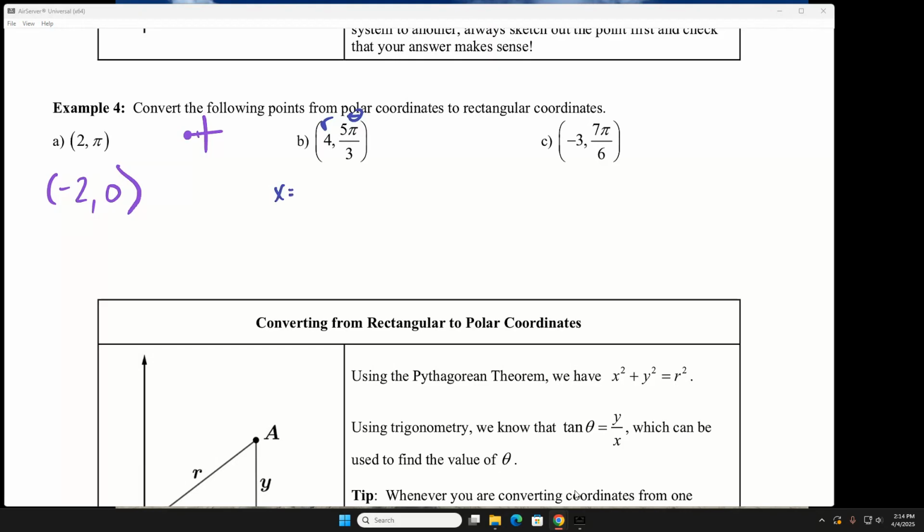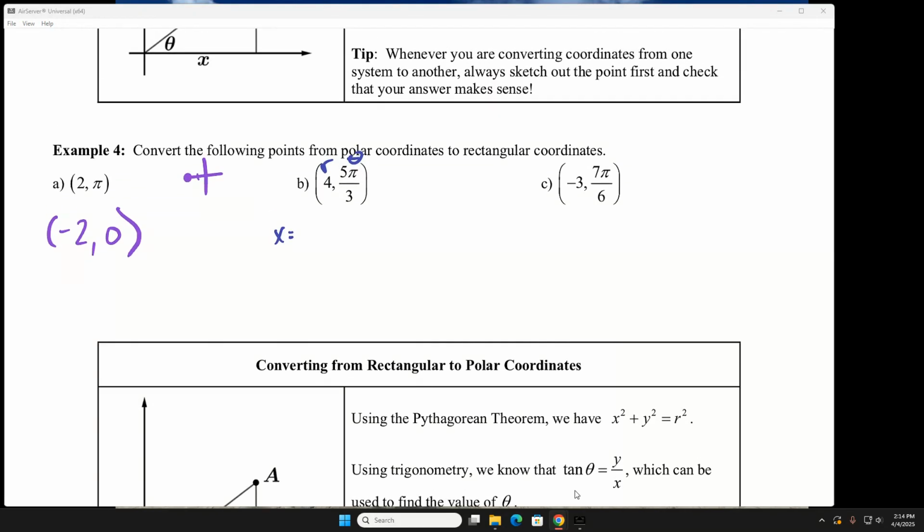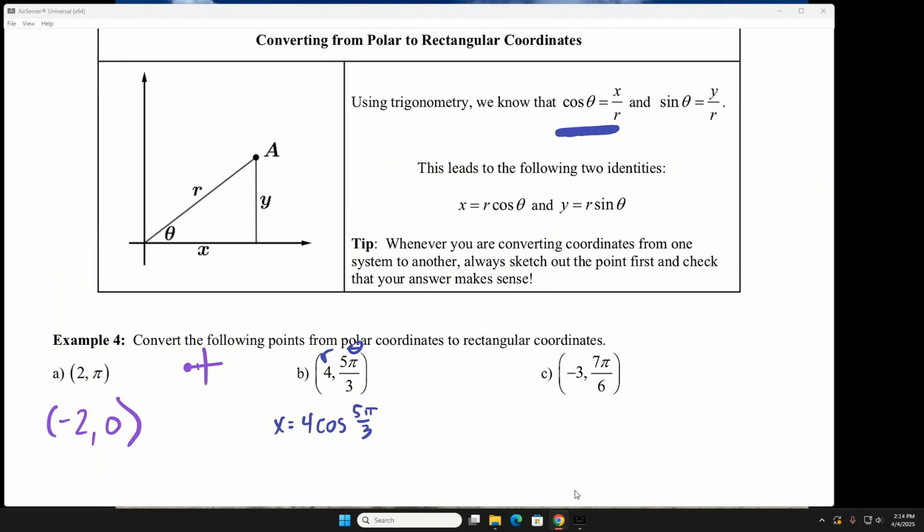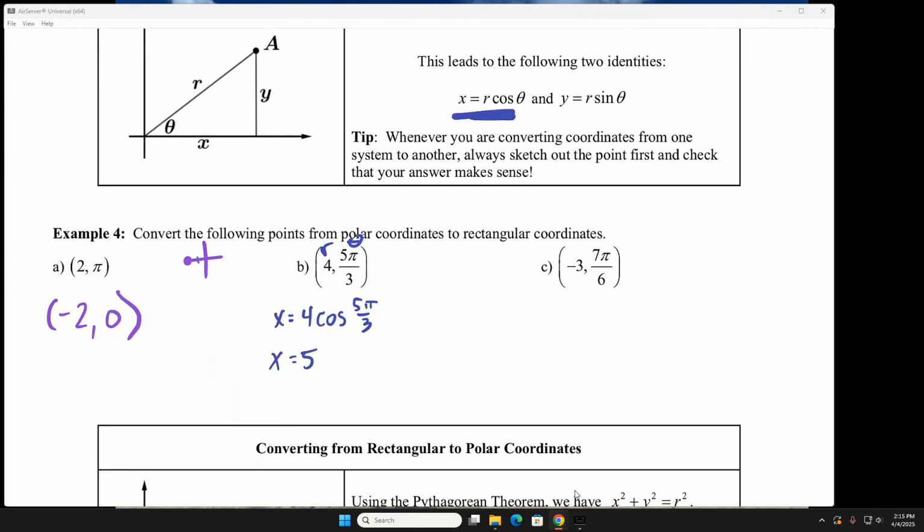X is going to be equal to r times the cosine of theta. All right, that's just this formula right here. These are very, very important. Whoops, wrong one, sorry. This formula right here. All right, so we would want to pull out our old unit circle, or just somehow pull out of our brain what the cosine of 5 pi over 3 is.